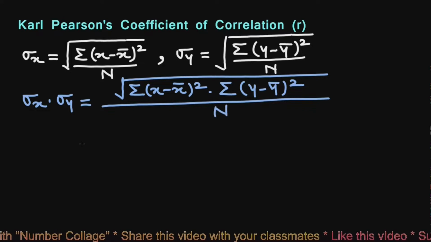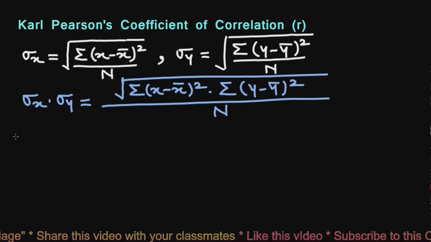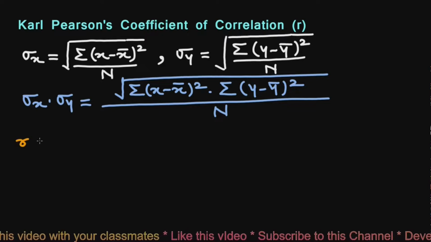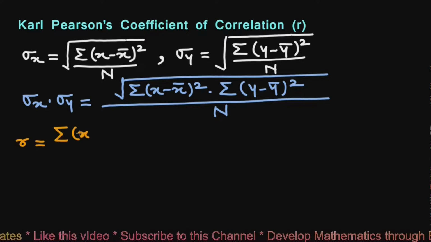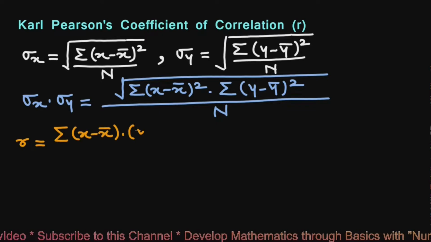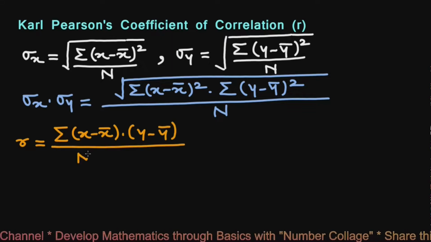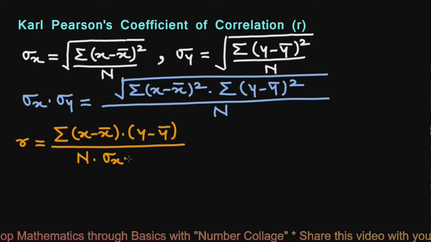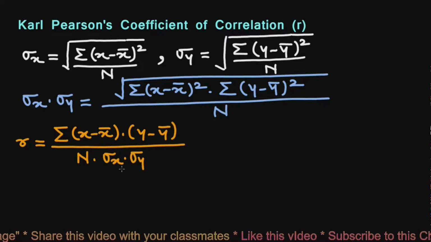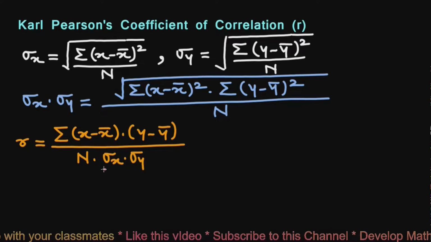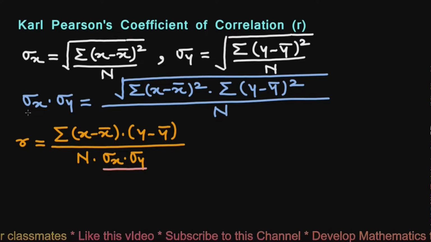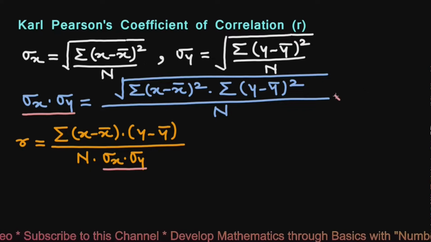We will write the formula for r, which we have already found: r equals summation (x minus x bar) into (y minus y bar) upon n times sigma x into sigma y. Now, in place of this sigma x into sigma y, we will substitute this value which we have found out.